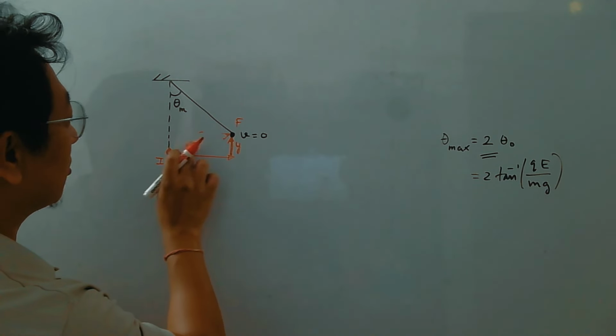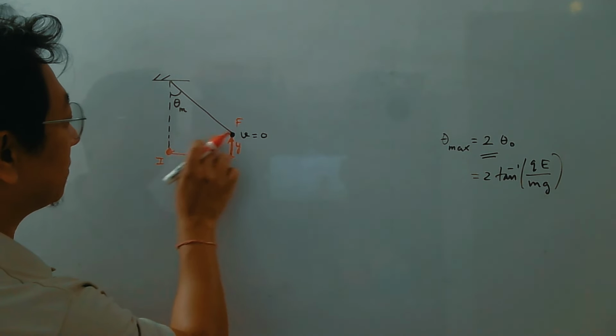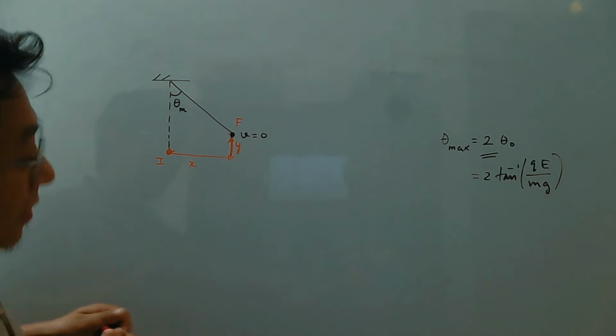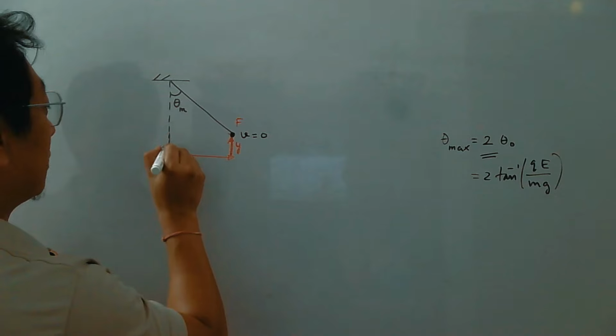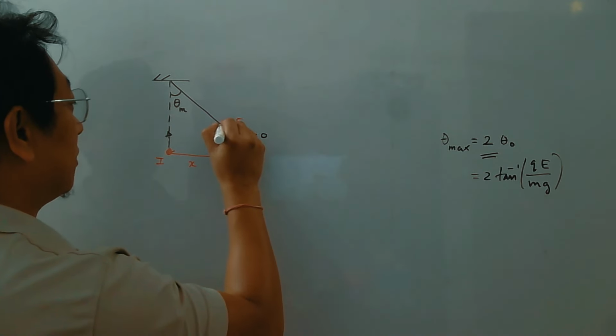So let me remove this because I know the components. These are the components. Now, what are the forces on the pendulum? Well, here one tension will act, that we already know.